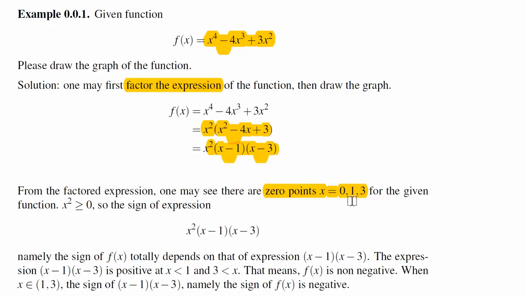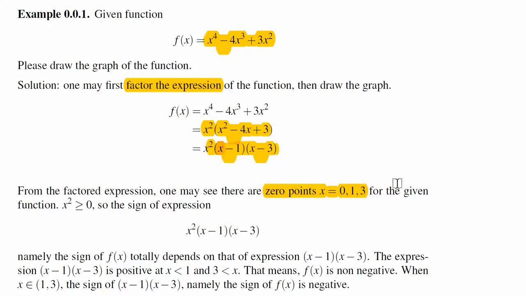For example, if we plug in the value 1 here, x equals 1: 1 minus 1 is 0, times 1 squared, still 0, and then times 1 minus 3, and 0 times 1 minus 3 is 0. So we have 3 zero points.